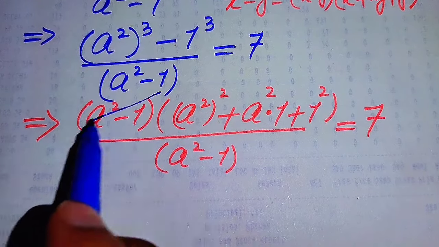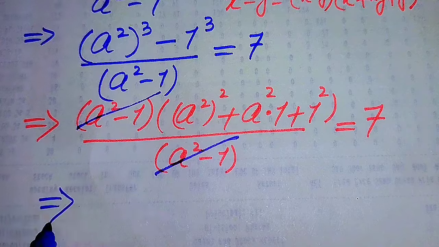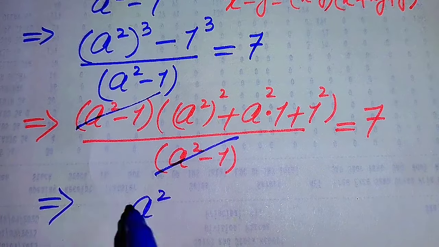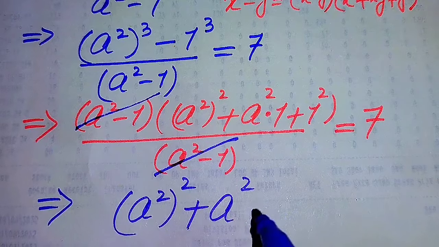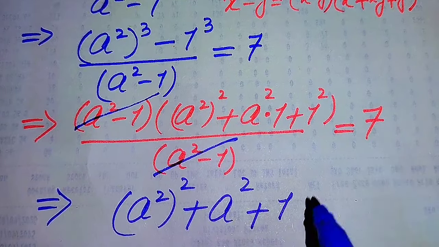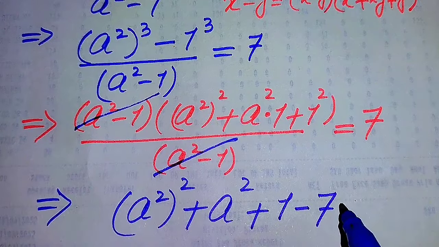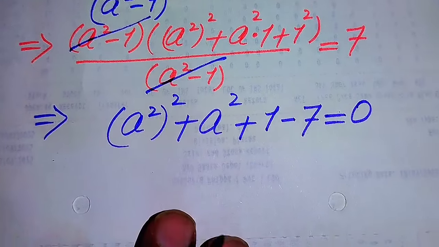Now you see that this a squared minus 1 and this a squared minus 1 cancel out each other, and we get a squared whole squared plus a squared plus 1 squared, which equals 1. We move this 7 to the left hand side and it becomes minus 7, and the whole equation equals 0.